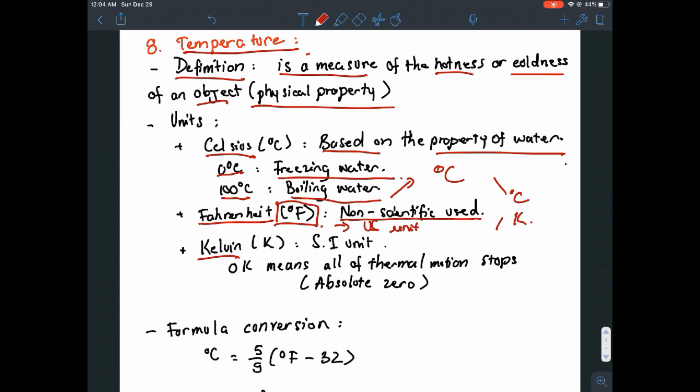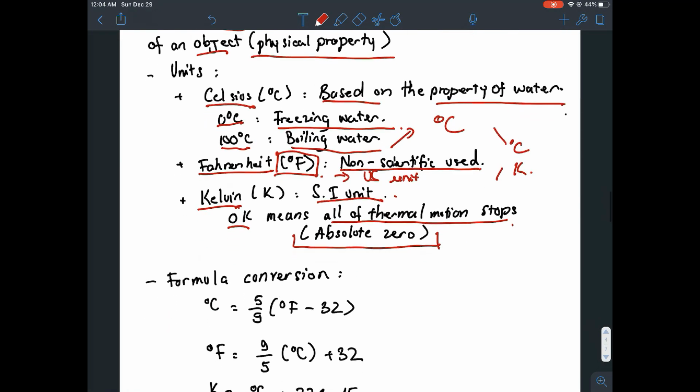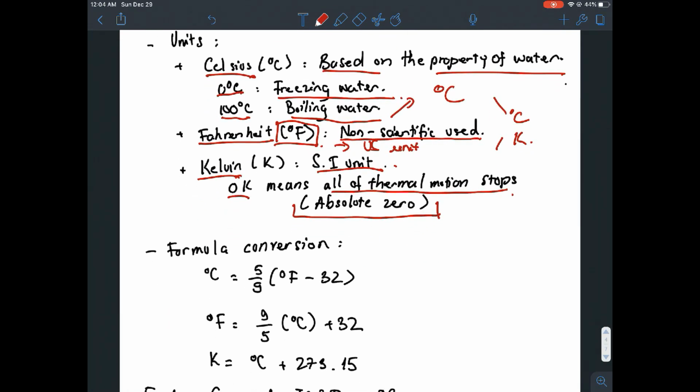We talk about the Kelvin. The Kelvin is actually the SI unit. Okay, at 0 Kelvin, all of the thermal motion stops. That's why scientists call it absolute zero. We have the conversion formulas between those 3 units.